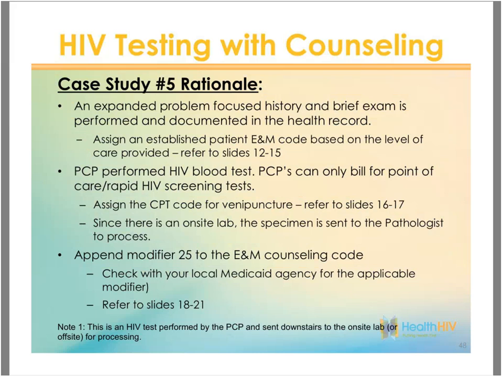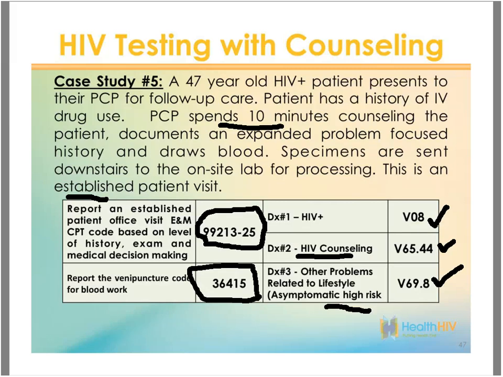We've put on this slide that you can only bill for point-of-care tests, and since this one was an on-site service where they did blood work and sent it down to the lab, we're not billing for a rapid test in this scenario. We're just billing for the E&M level and the blood work that was drawn.